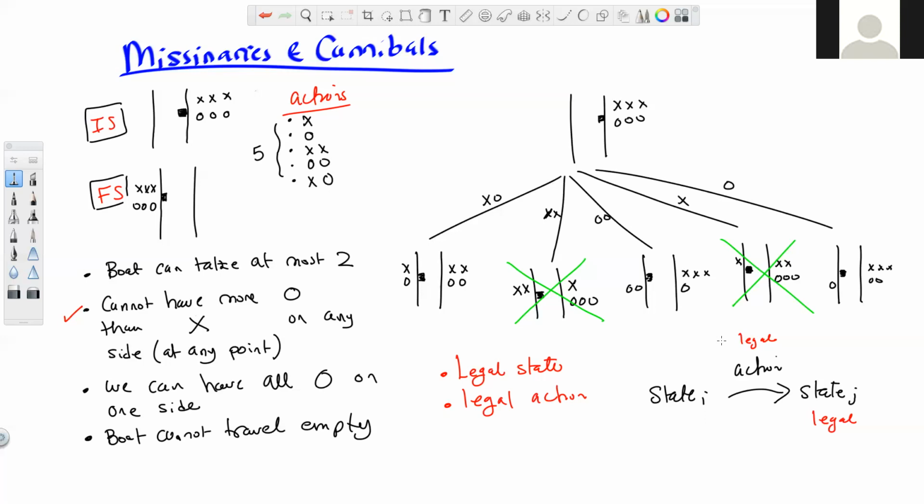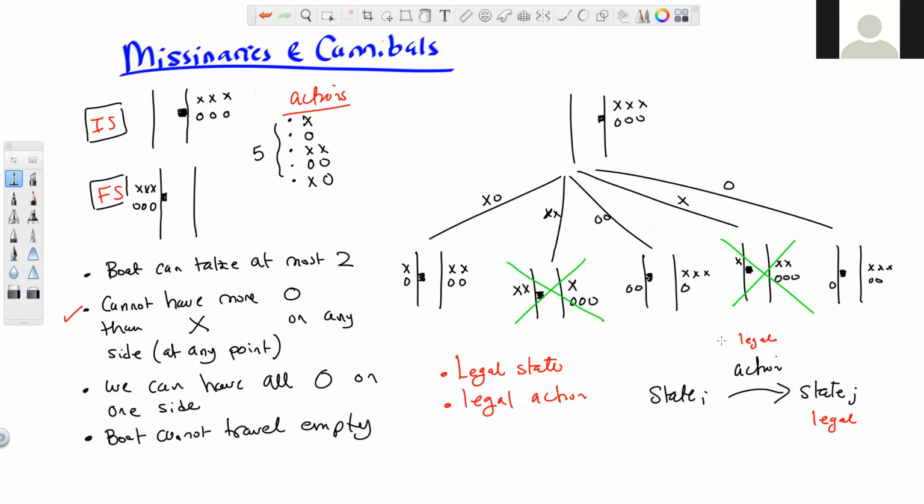To make this a little bit concrete, I'm going to show you next how you would represent this problem using Lisp, for example, and what you would have to communicate to a Lisp search engine to solve this particular problem. And you'll see it's actually pretty simple.